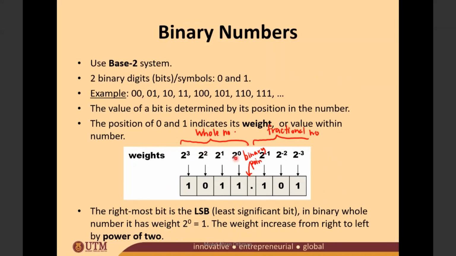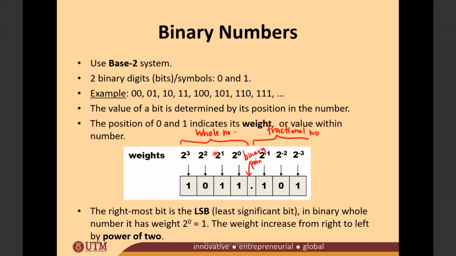Okay, for the whole numbers, the weightage here started with 2 power of 0 and it will keep increasing to the left. Okay, so kamu tengok 2 kuasa 0, 2 kuasa 1, 2 kuasa 2, 2 kuasa 3. Kenapa 2 kuasa 0? Tadi 10 kuasa 0. Kenapa? Sebab it is a base 2. Okay, so the base 2 kenalah guna asas 2 kat sini.